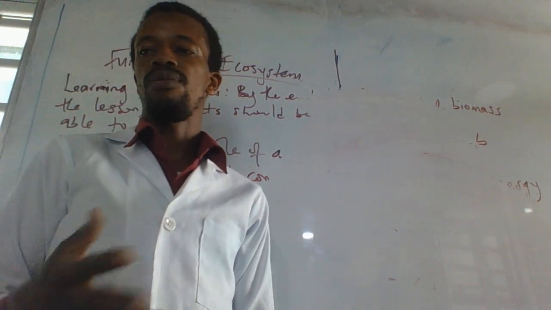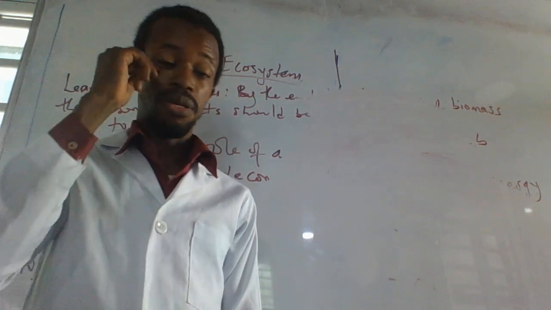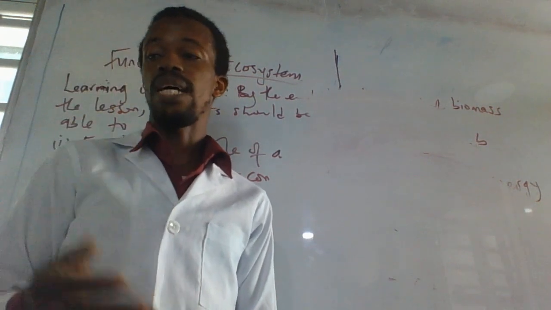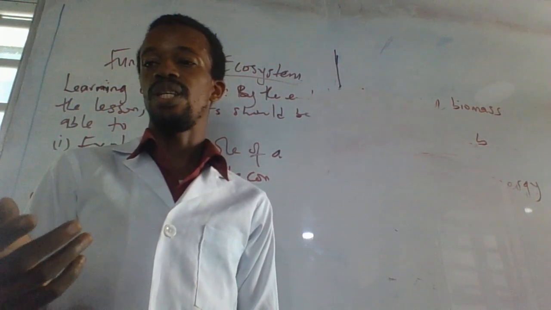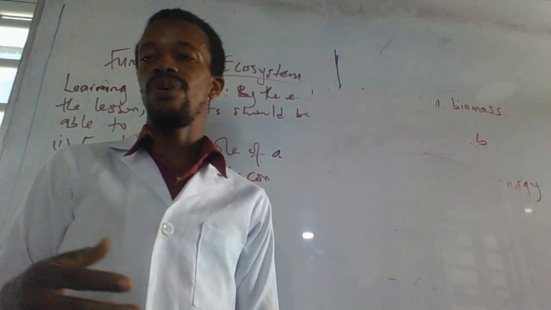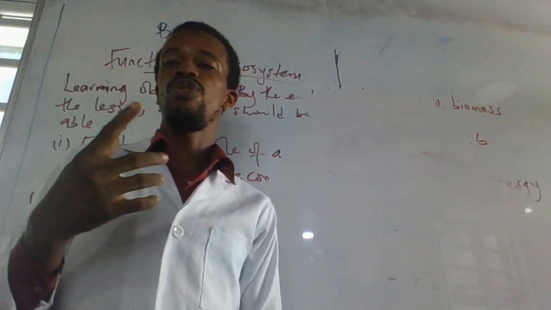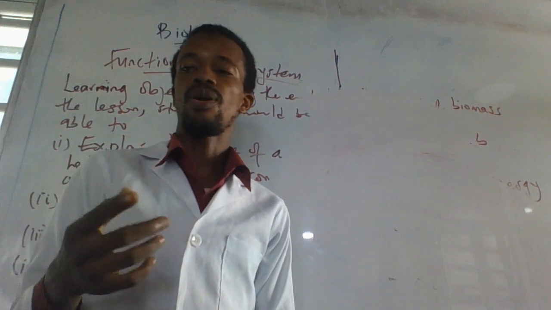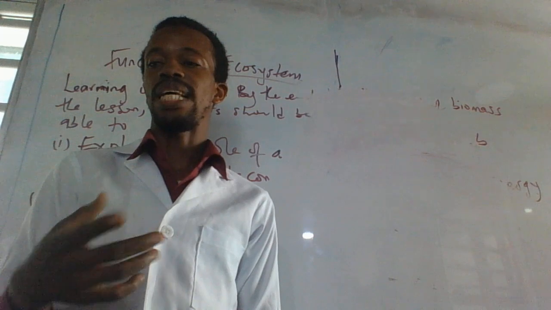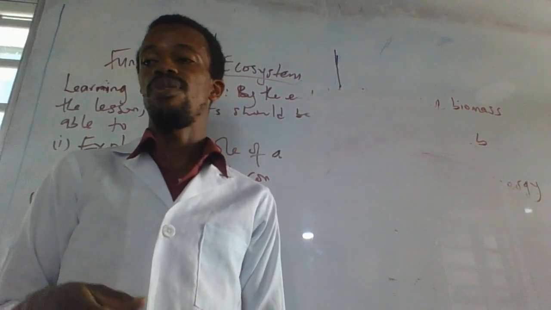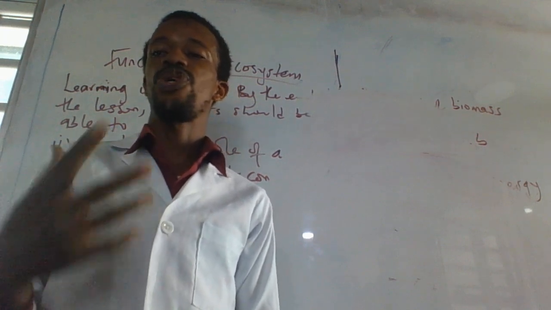Using the first law, energy flows from the producer to the primary consumer, to the secondary consumer, and to the tertiary consumer in a food chain. The energy flow in a food chain is therefore in one direction. So using the second law, energy transfer between trophic levels is not 100%, as I said earlier. Successive levels have less useful energy and so can only support fewer organisms.